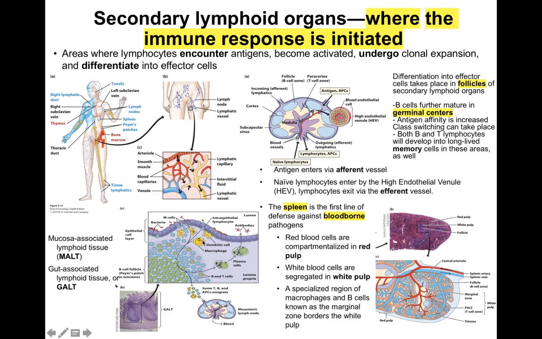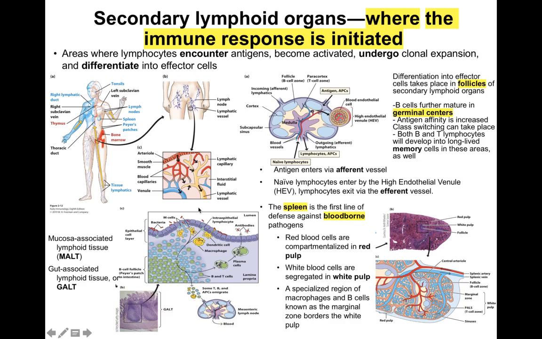There can be presentation with antigen presenting cells to the T cells here, but they may still need to go to a lymph node to locate the right cells to be activated.